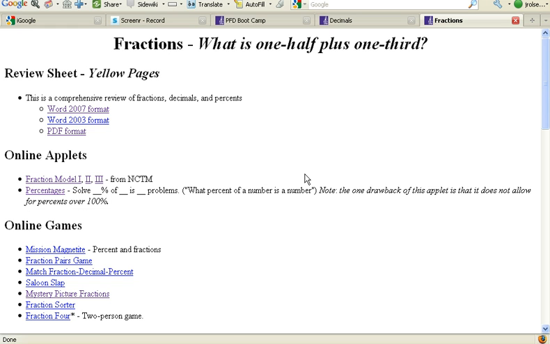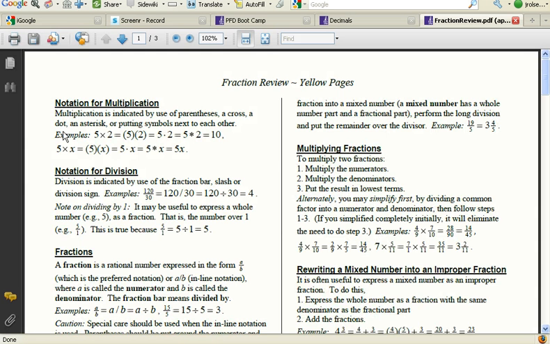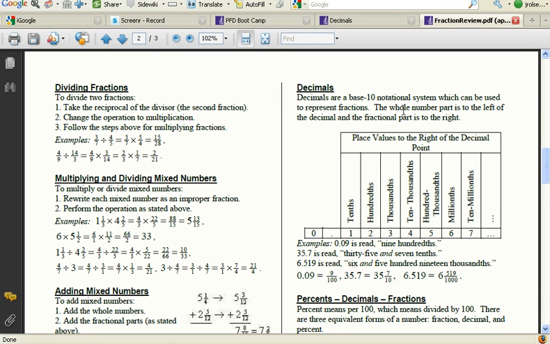So we're going to download that. There's 3 formats here. I think I'll download the PDF format. And there's some background information on fractions, and then on page 2 we have some information on decimals, and this is what I'm going to be using.